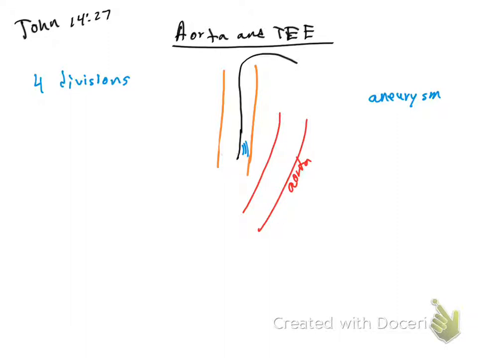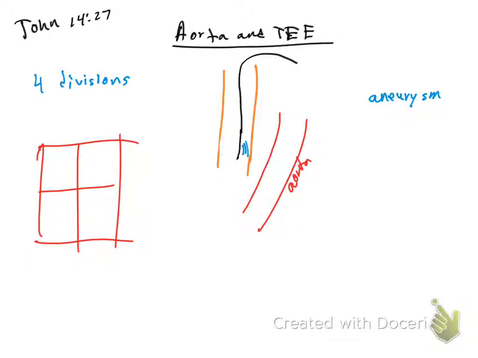Now with those 4 divisions, imagine that this is your heart. Okay, we're drawing here your heart. You have your aorta from your left ventricle, coming here. Then we have the ascending aorta here. Then we have the arc of the aorta, which is here.